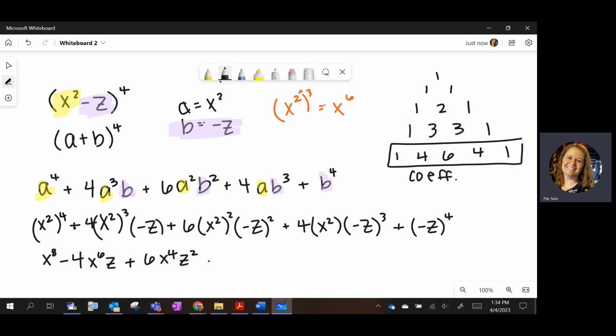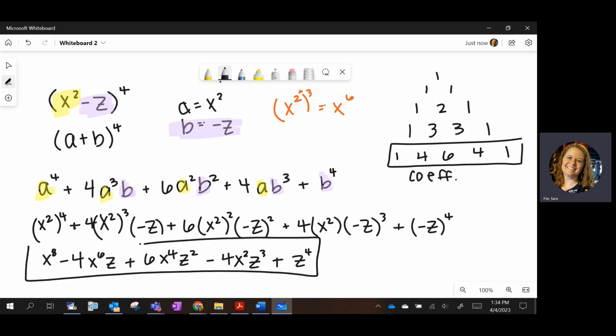This one will come back out negative, 4x squared z cubed. And then this one will come out positive again because it's the negative to an even power. So plus z to the 4th. So that is my simplified form of that expansion.